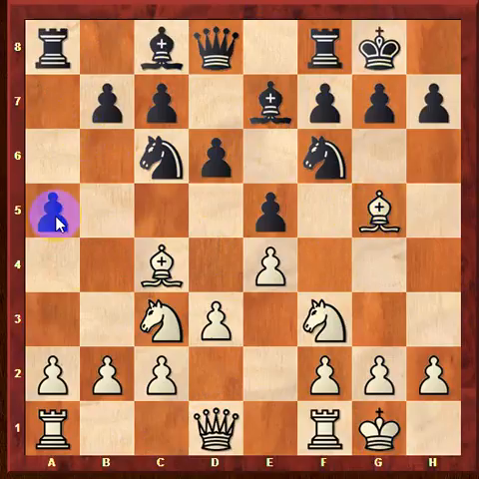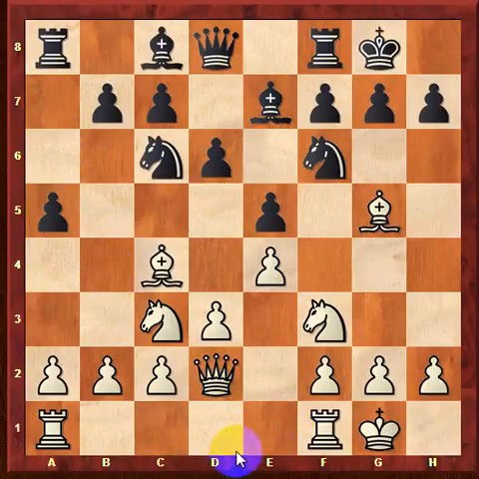Let's say, for argument's sake, black plays that. Now, the good square for the queen has changed. Now he has to move to d2, and it's good again. So that's something you have to always look at, where you are putting a queen. What is a good square? It's a square where the queen can have influence and not be harassed by black pieces or by white pieces, depending on which side you play. So that's the fourth principle, the queen on a good square, and the last principle we're going to deal with is an important one.